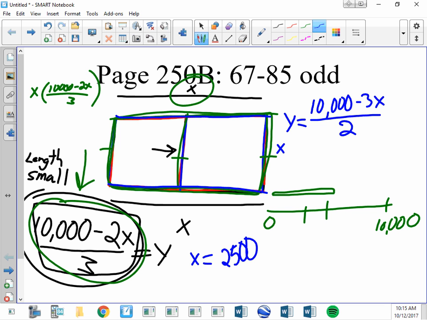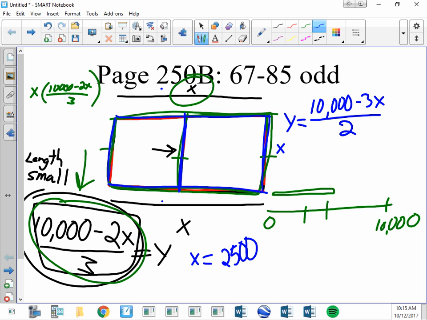And so if this is 2,500 and this is 2,500, how much is left? 5,000. So each one of these is a third of 5,000. The short side is going to be a third of 5,000, which is what? It's 5,000 over 3.